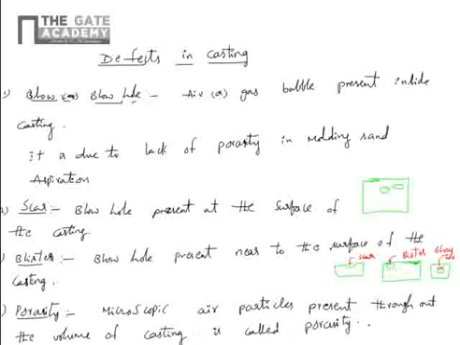Porosity is a defect, and porosity is also a property of molding sand. Here, very minute microscopic air bubbles, you will see like dots. All these are called porosity.